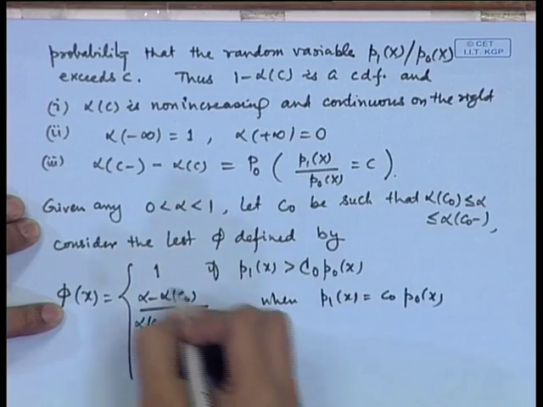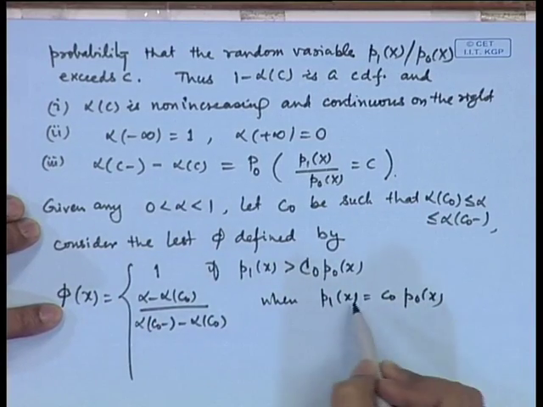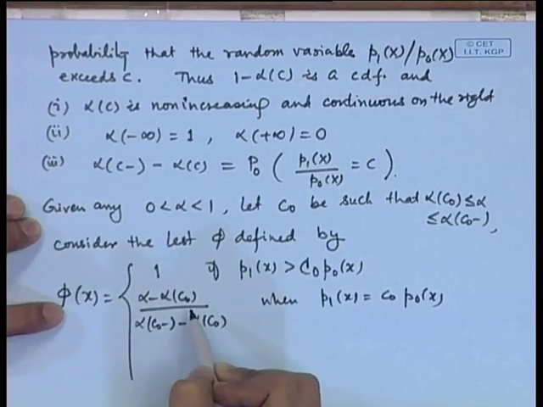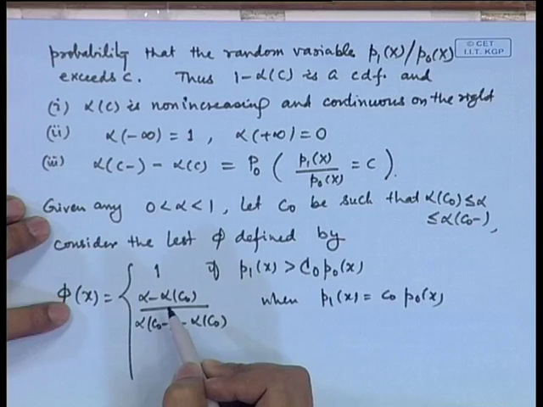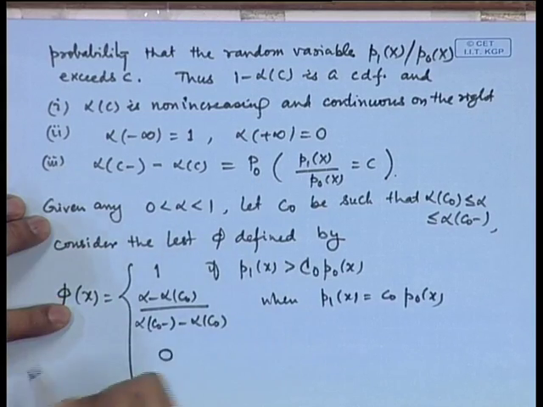This is the randomization as I was mentioning earlier: when there is equality we put some value, because finally we want to achieve the size alpha.